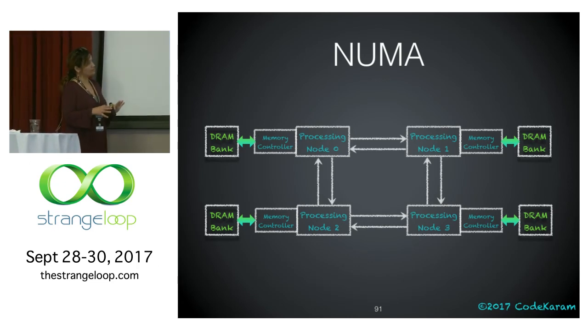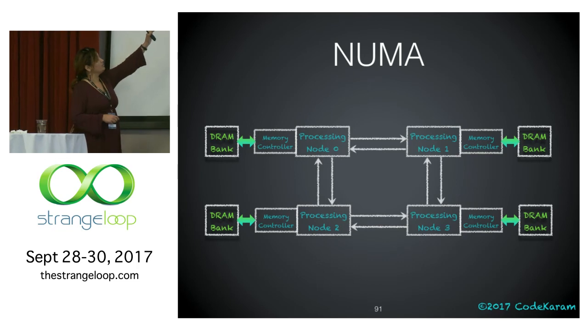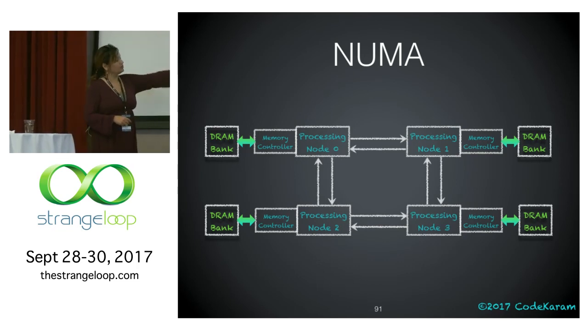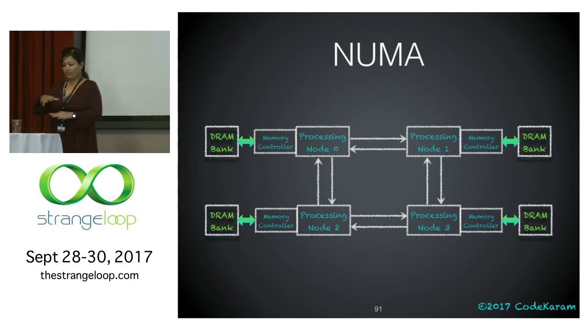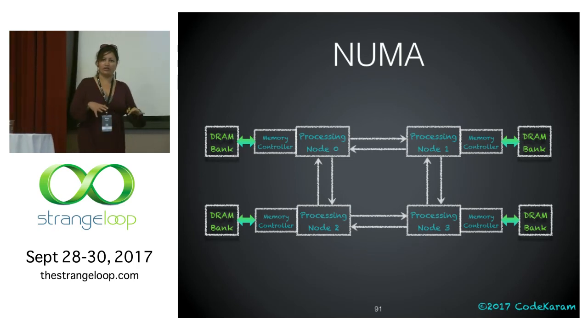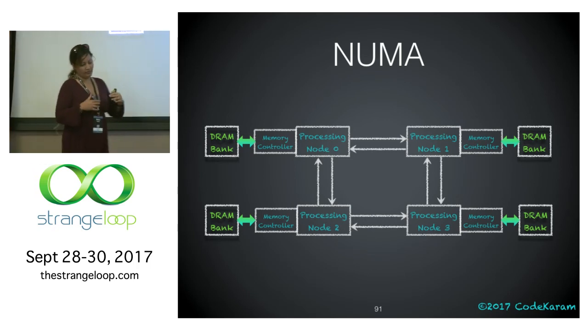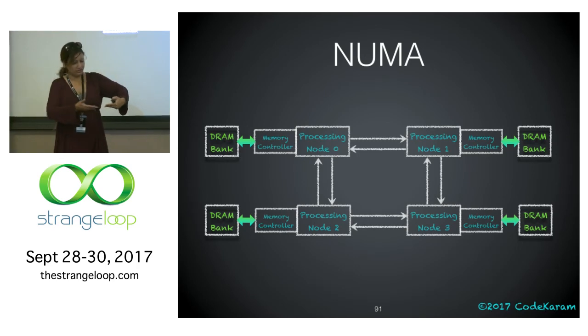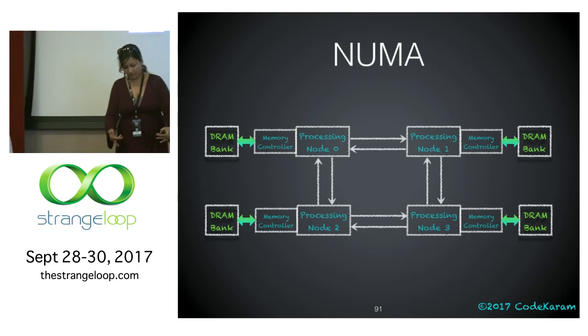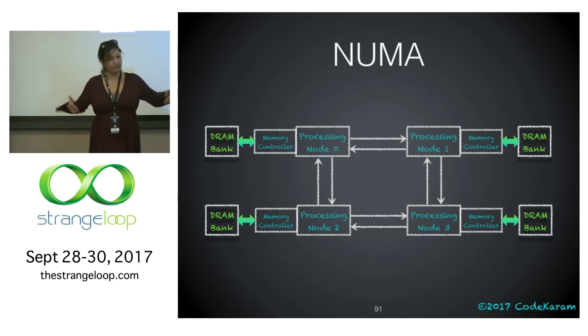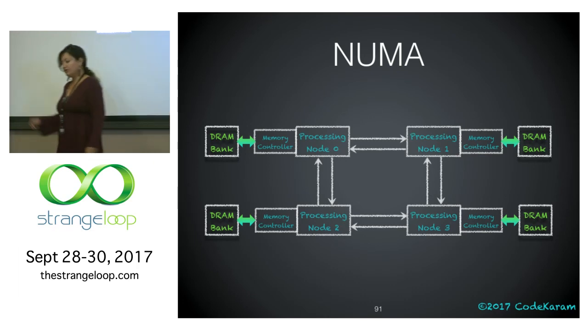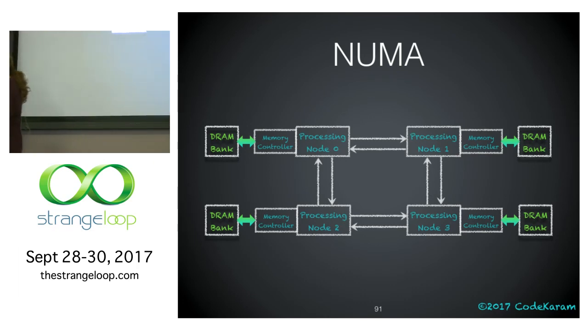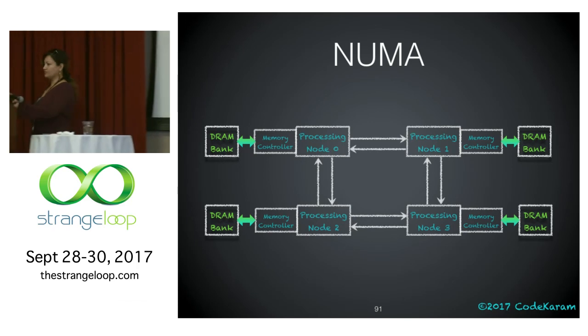If a process is running on node 0, but it needs to access a memory bank on node 3, it has to go 1 hop and 2 hops, or it could go from node 0 to node 1 to node 3. So that's 2 hops away, and if it was on the same node, that's 0 hops, and node 2 would be 1 hop away. That means you're accessing memory in a non-uniform way. Previously, all of the processing nodes would go to a single memory controller and the DRAM bank, so everybody has uniform access to memory. But this architecture changed the way memory could be accessed.